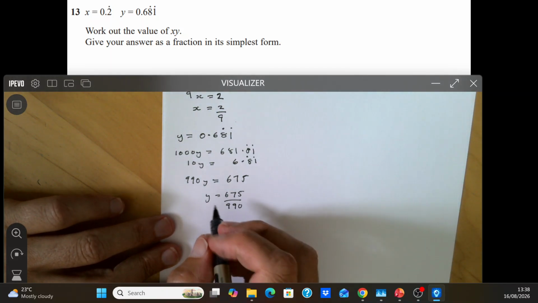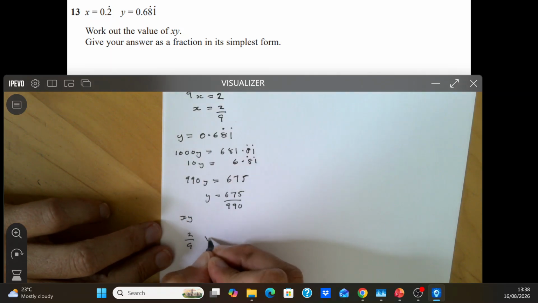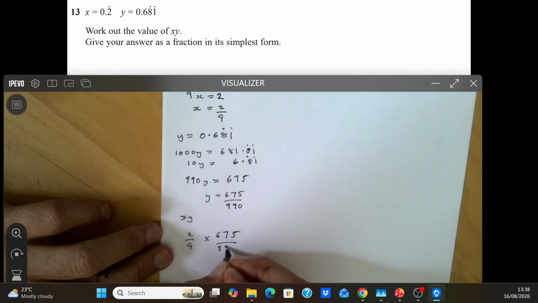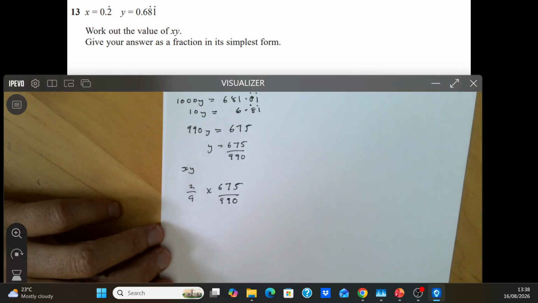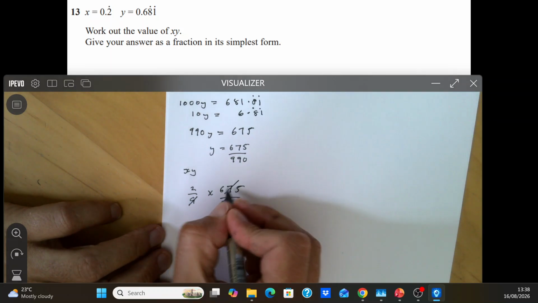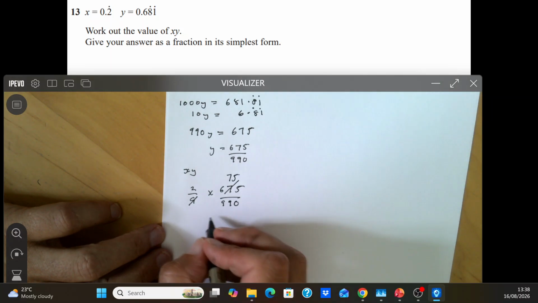And we are asked to work out xy. So that's 2 over 9 times 675 over 990. Now I know 9 goes into that 75 times. You may have had to break this out, you may have to do this other ways.